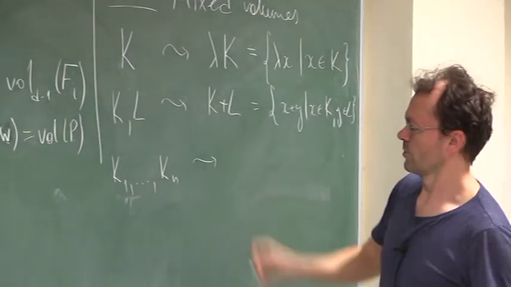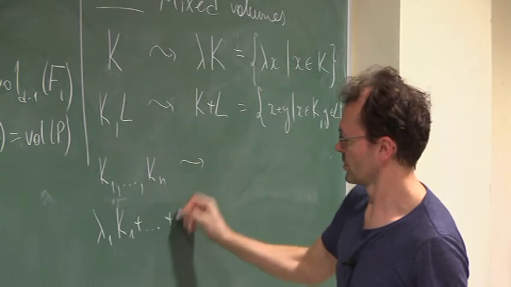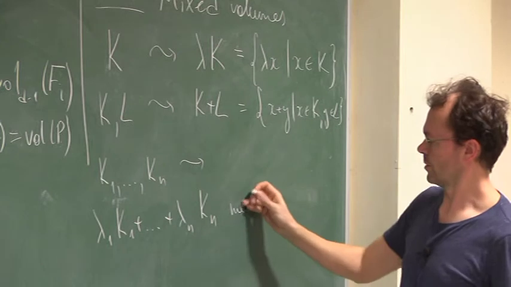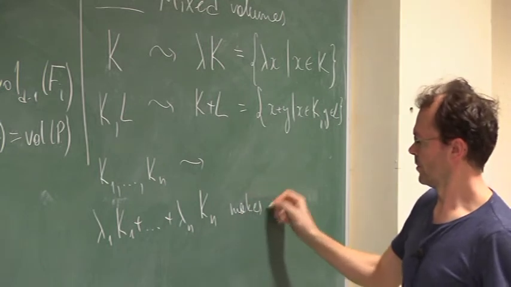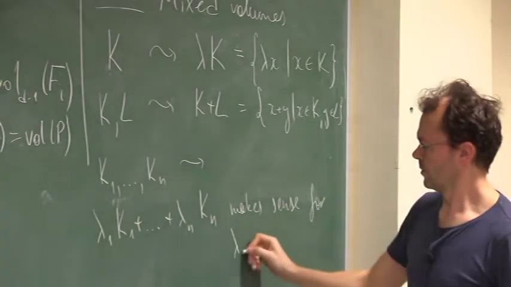So then lambda 1 K1 plus so on plus lambda n Kn makes sense for non-negative lambda i's.